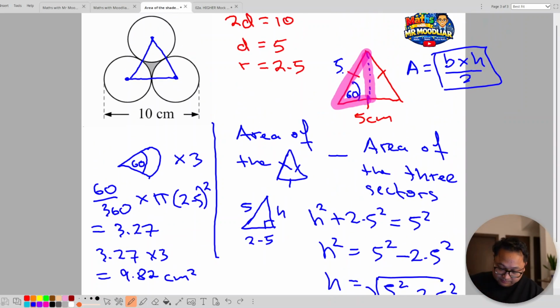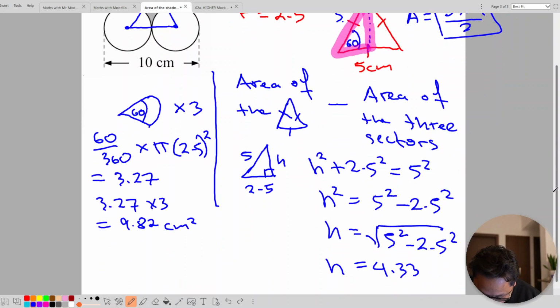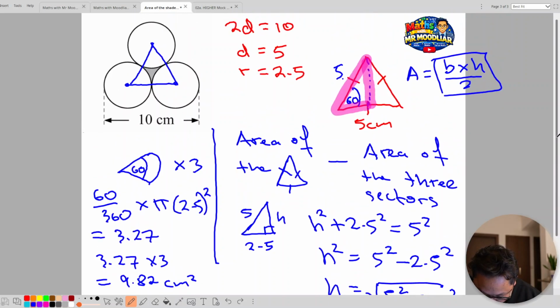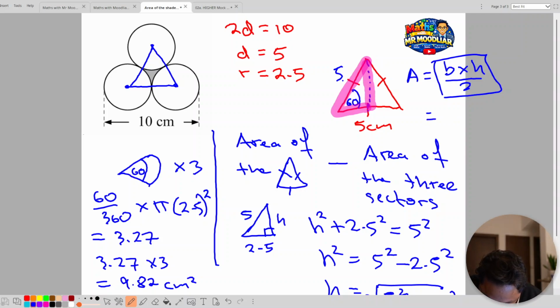The area of that beautiful equilateral triangle is base times height divided by 2. We have just worked out the height, which is 4.33. So this would give me 5 times 4.33 divided by 2, and that would give you 10.82.